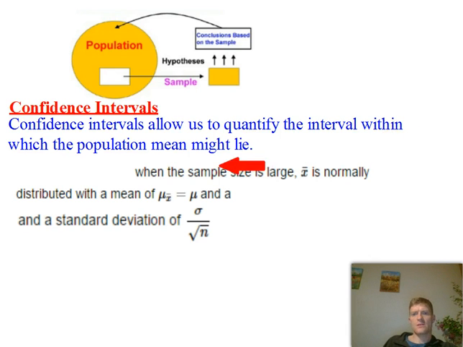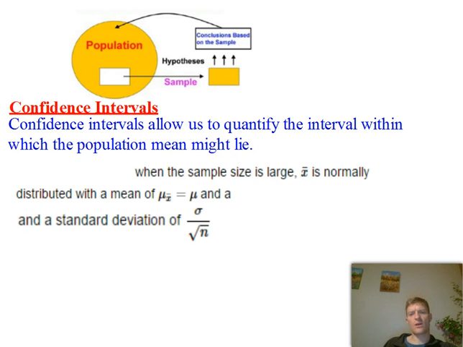It's best to do this when the sample size is large. When it's sufficiently large, the sample mean is normally distributed with a mean of mu, the population mean if that is known, and a standard deviation. So that's the basic idea.